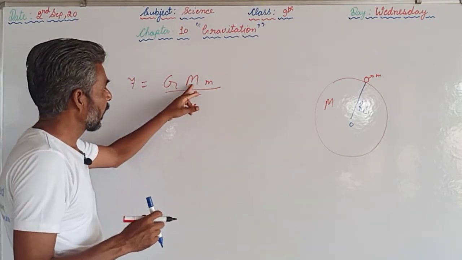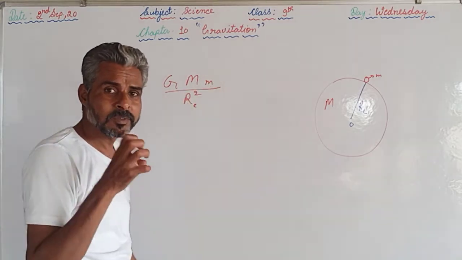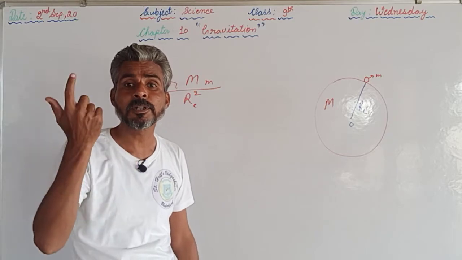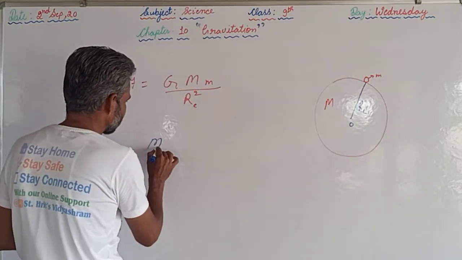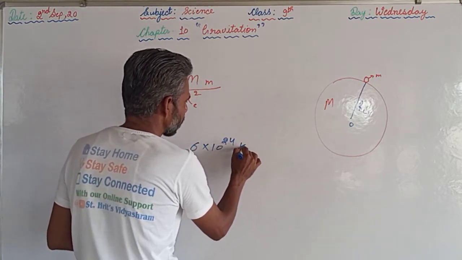Now M, capital M, and small m. The mass of the earth is 6 into 10 raised to power 24 kilograms.